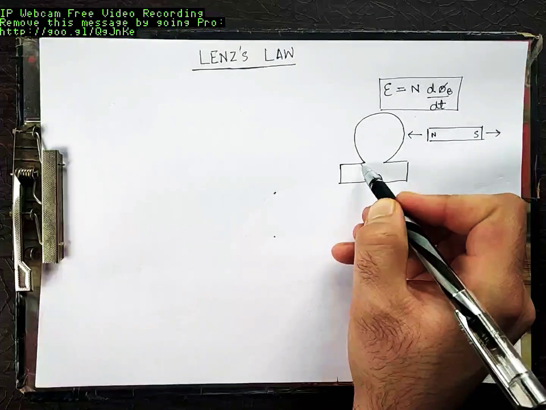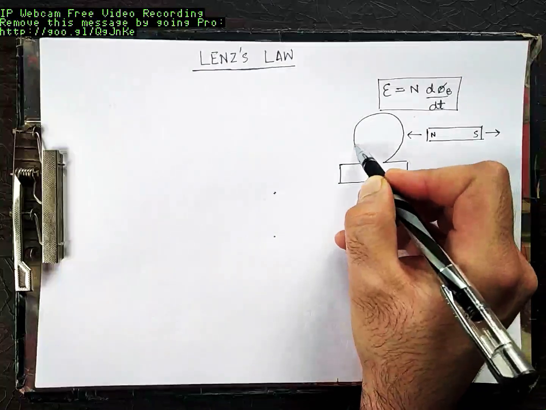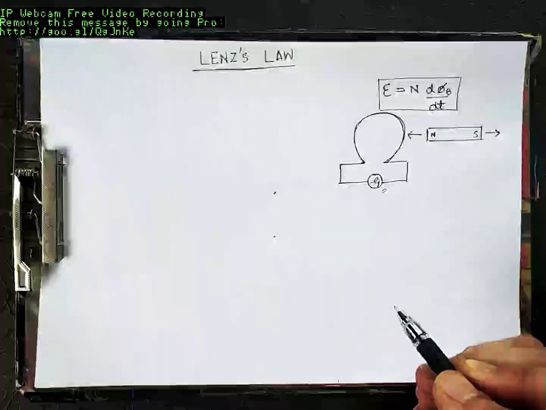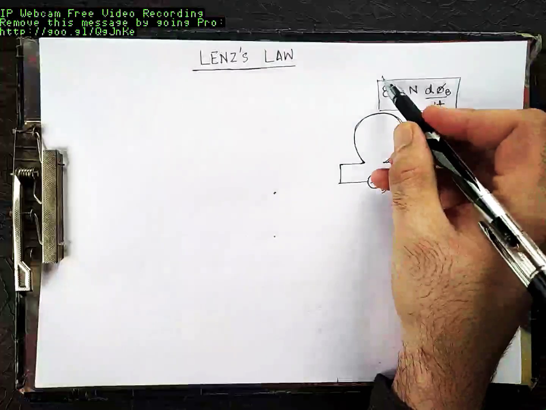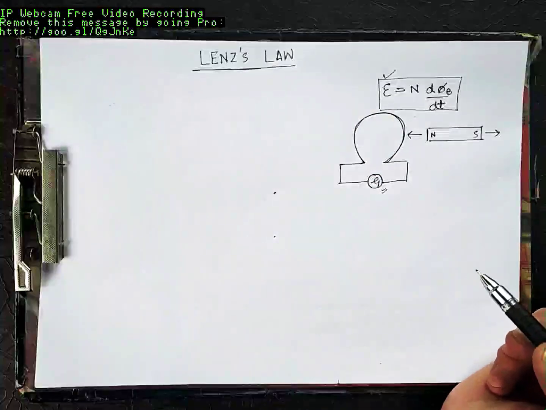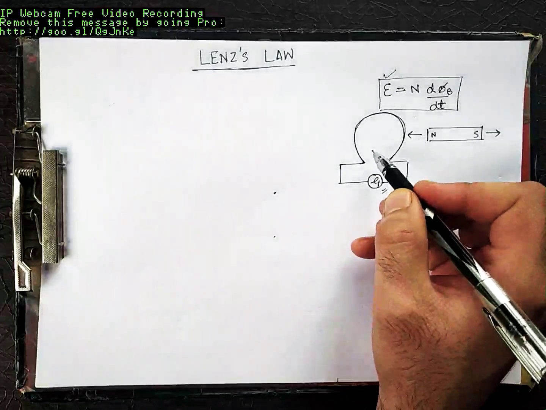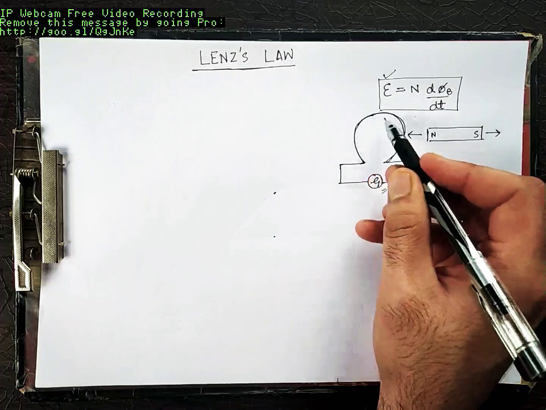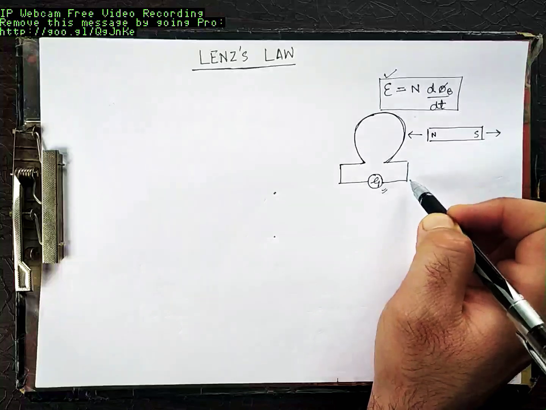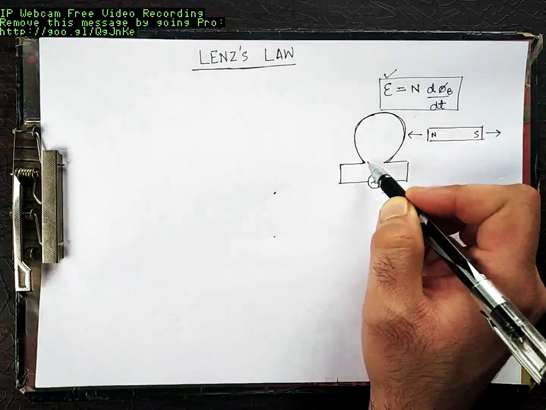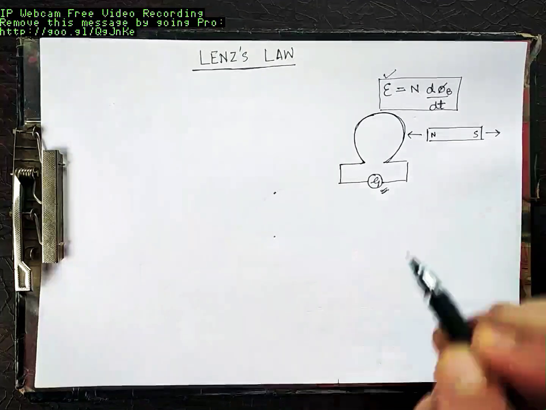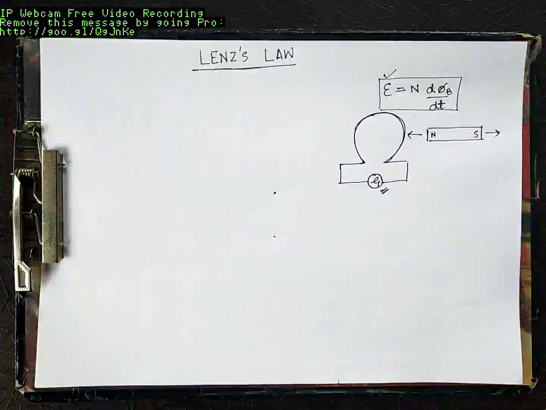In either case, when there is a change in magnetic flux linking this coil, an EMF will be induced in this coil. And if that EMF is able to produce a current in a closed circuit, the galvanometer will deflect. This is what we have discussed till now.